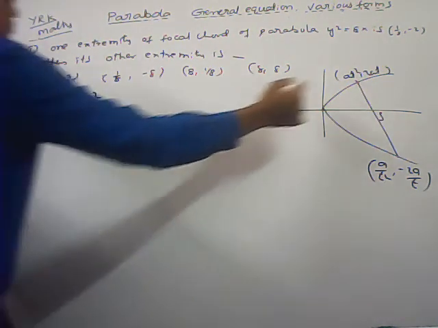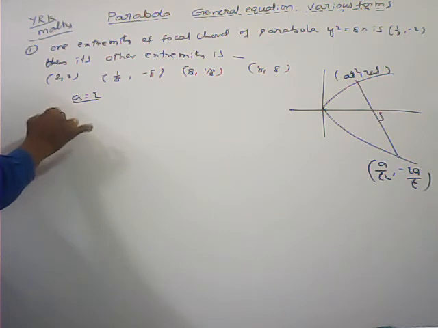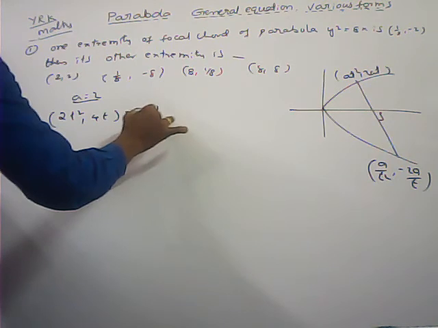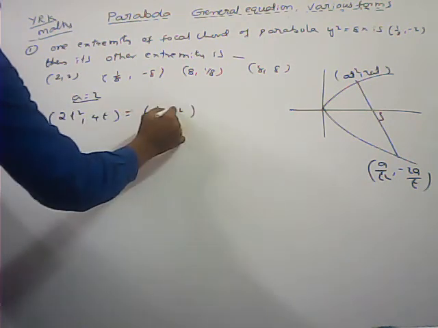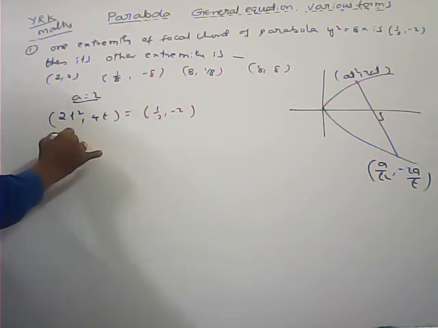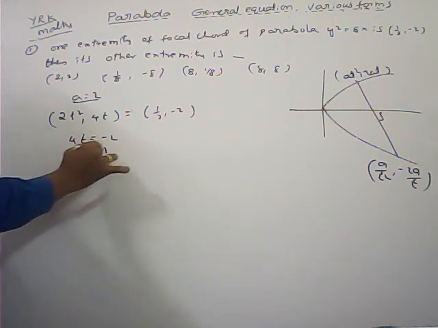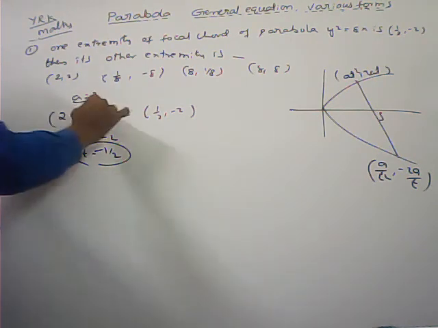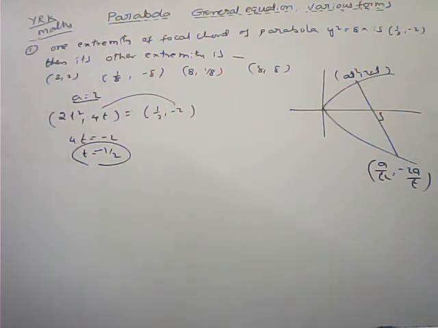And one end is given. So 2t square comma 4t is equal to what they have given, 1 by 2 comma minus 2. By comparing these two, 4t is equal to minus 2, t is equal to minus 1 by 2. By equating the x coordinates we would again get plus or minus; by equating the y coordinates we get the exact value of t. T is equal to minus 1 by 2 we got.